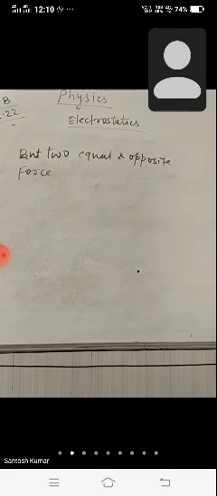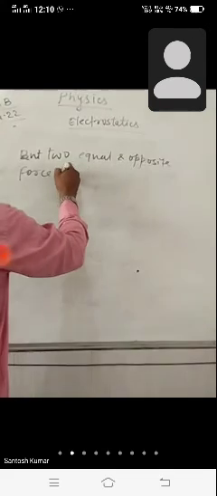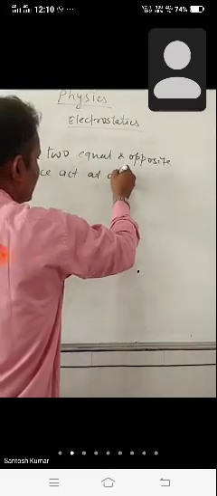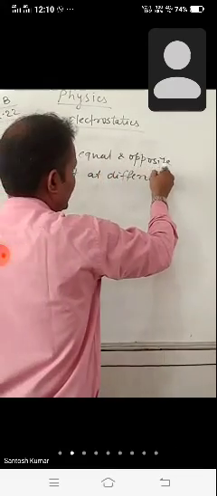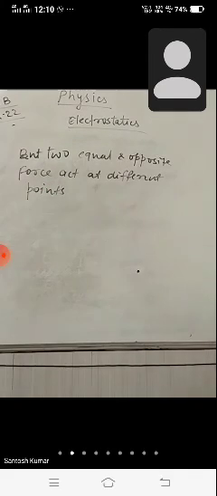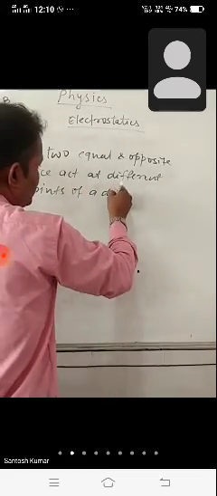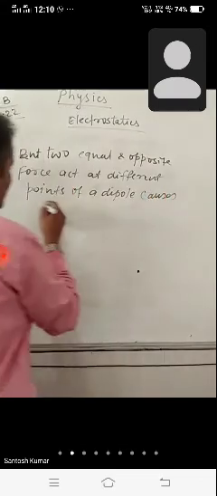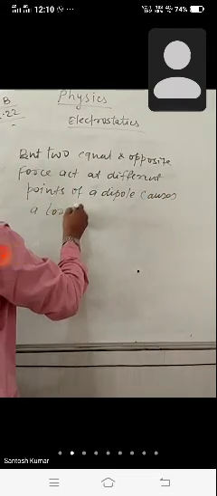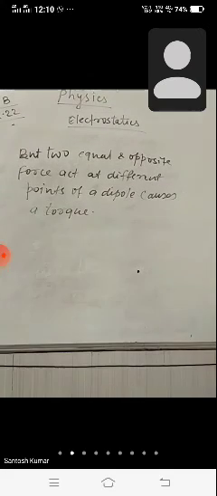Two equal and opposite forces acting at different points of a dipole will produce a torque. Just see and note down.